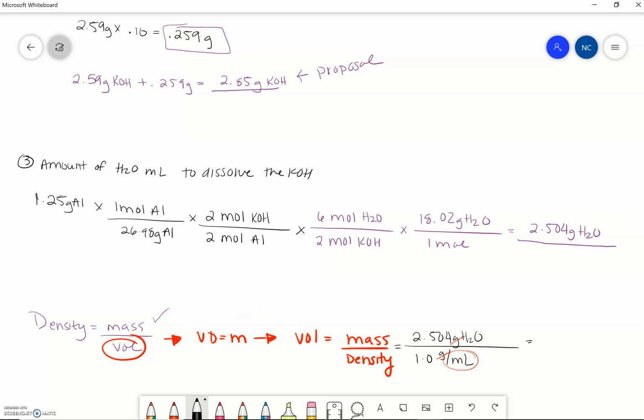Divide that, and you should get 2.504 milliliters of water. And that is the amount of water that will dissolve the 2.85 grams of KOH.